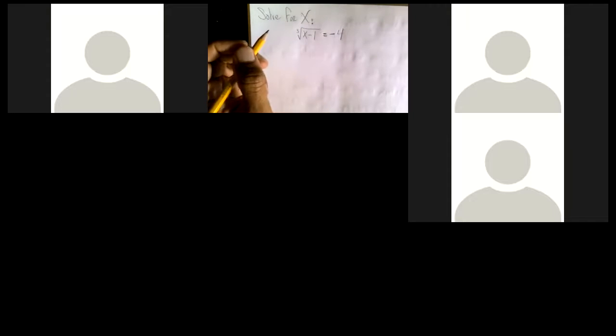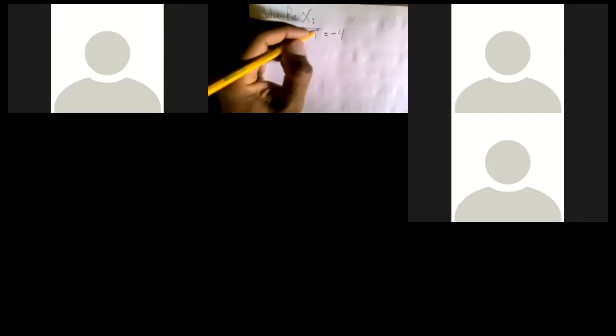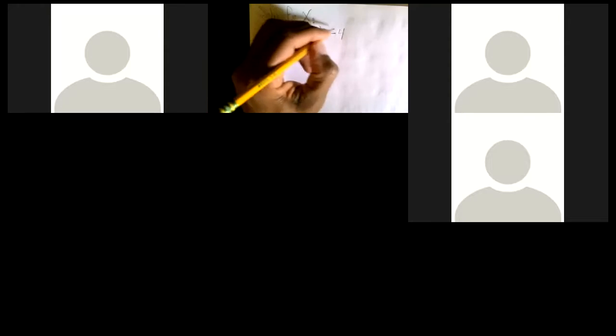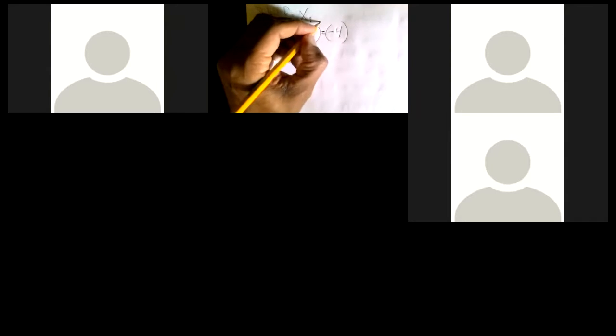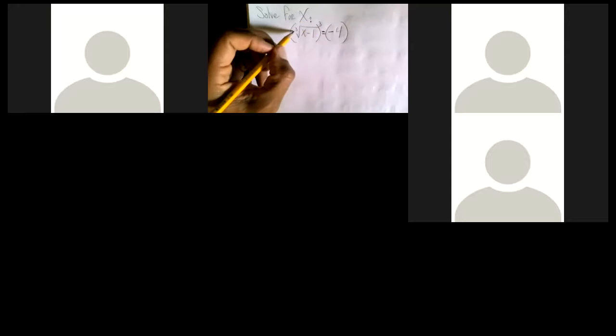The next step is to raise each side to a power equaling the root index. The root index in this problem is 3. There's your root index. So each side is cubed.